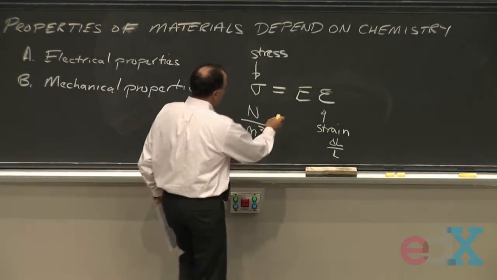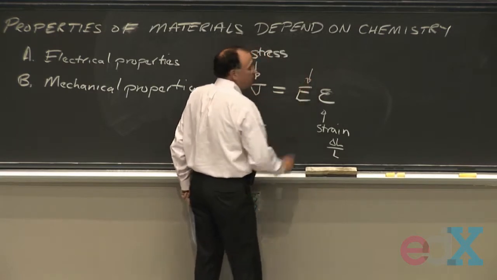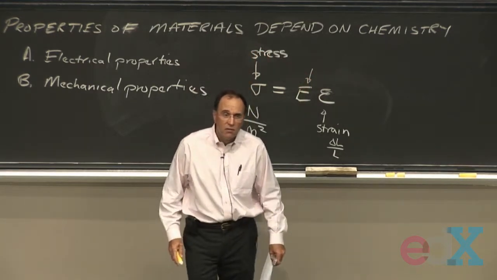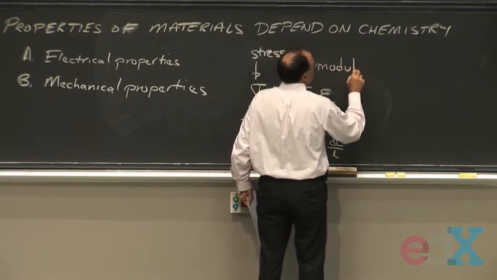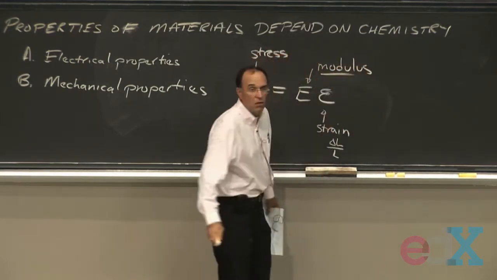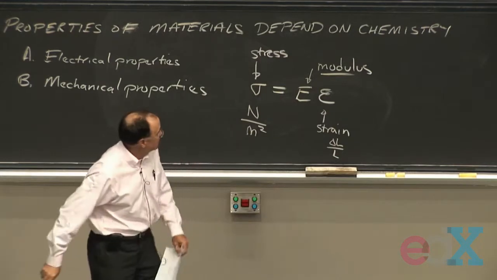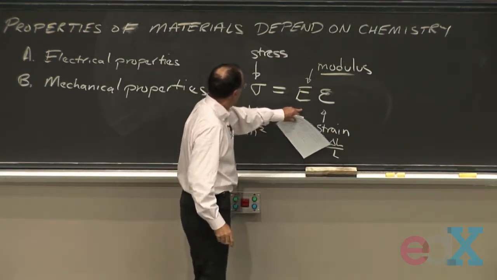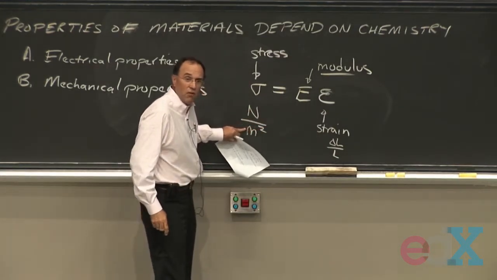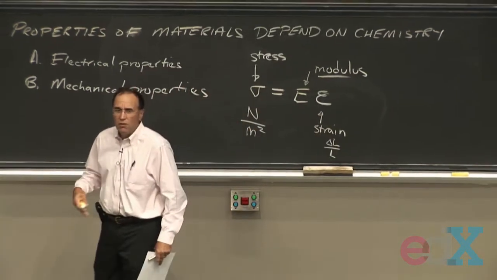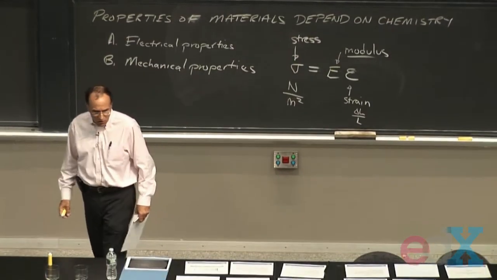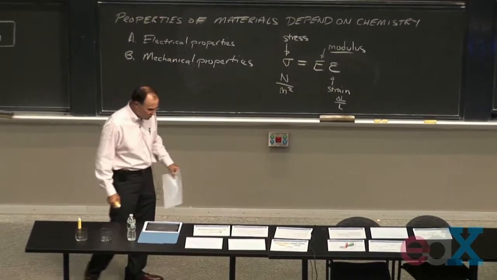And what this equation says is that there is a proportionality constant, which is a modulus. We call it a modulus. It's got the same units as stress, because strain has no units. I'll be concentrating on units the first couple of lectures, because you're going to need that in solving problems.